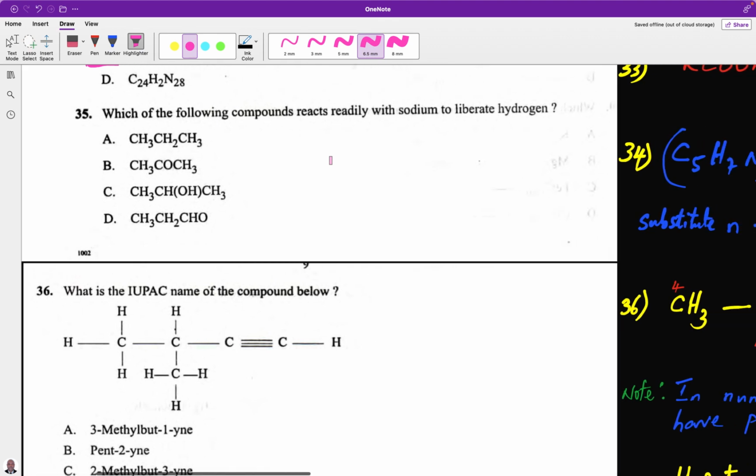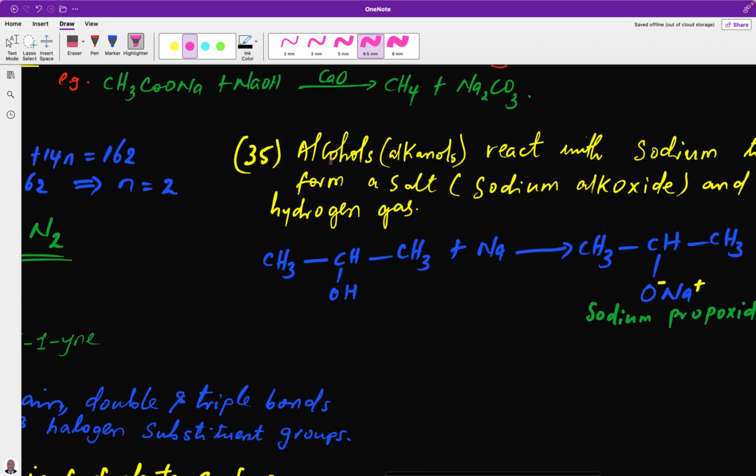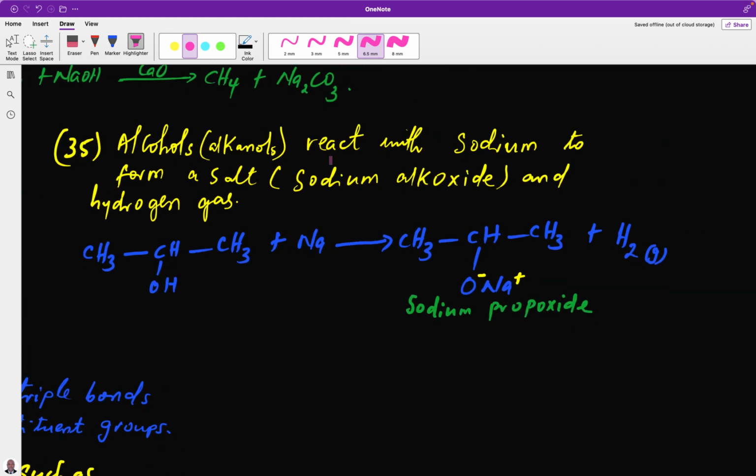So now 35 here. I say alcohols or alkanols, when they react with sodium, form a salt, or what we call sodium alkoxide, and hydrogen gas. So look at this. This is propan-2-ol reacting with sodium.